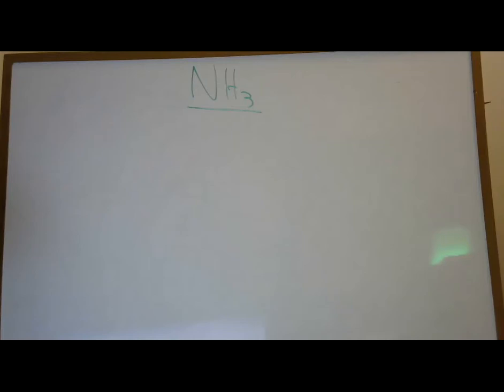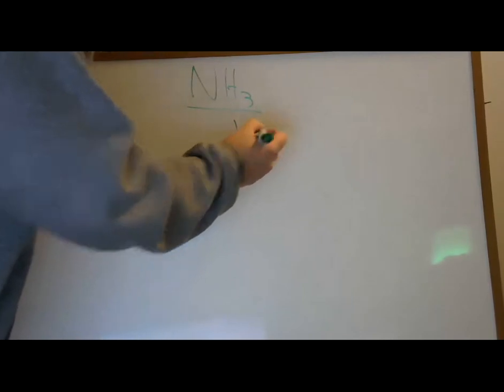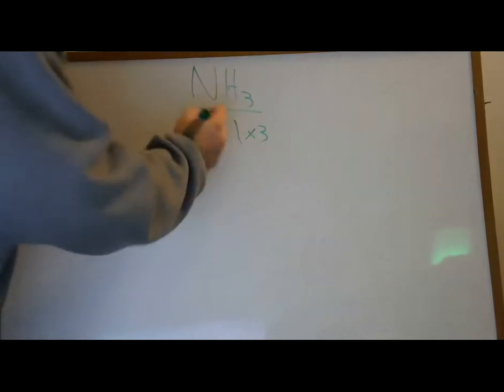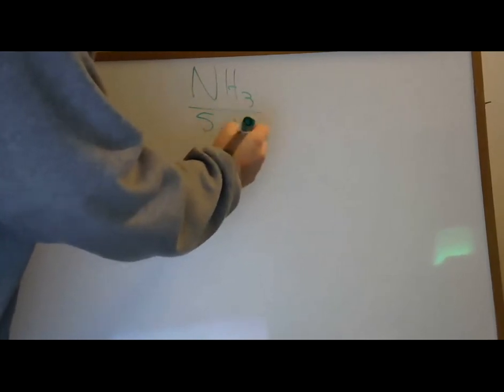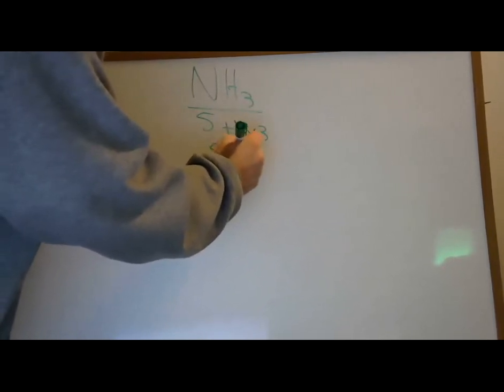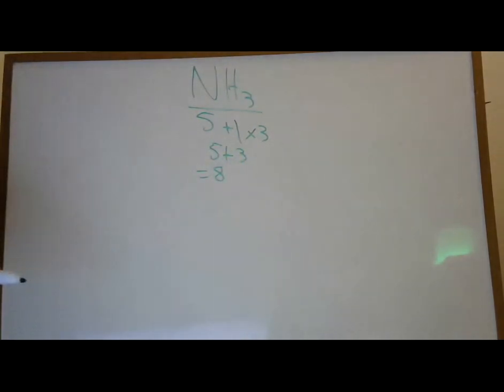And where is hydrogen? Hydrogen is group 1, and there's 3, so we times it by 3. Nitrogen is in group 5, so 5. There's 8 valence electrons.